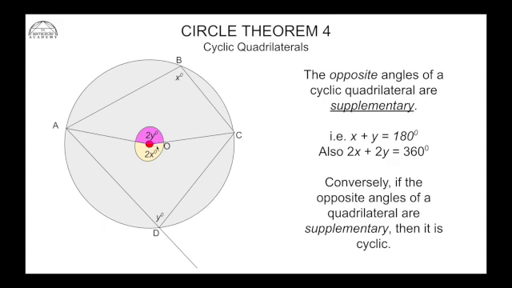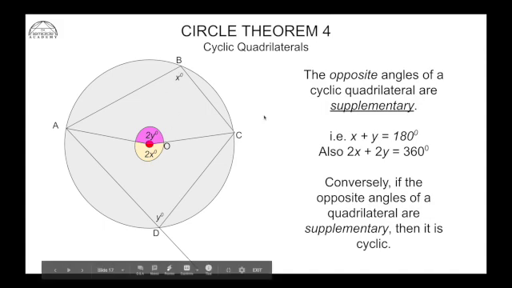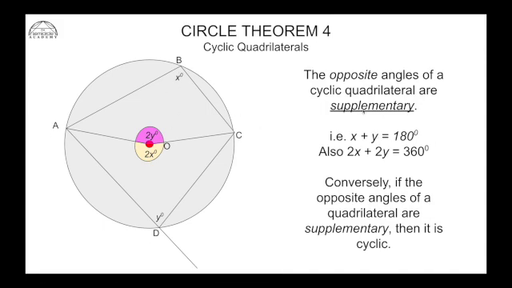Because if I take 2X and I add 2Y, this will obviously give me 360 degrees. So at the center here, I have 360 degrees. That is 2X and 2Y. Which means that X plus Y, the opposite angles of a cyclic quadrilateral, are supplementary. They add up to 180 degrees. Everybody understand Theorem 4?